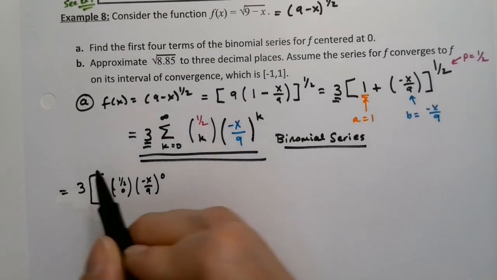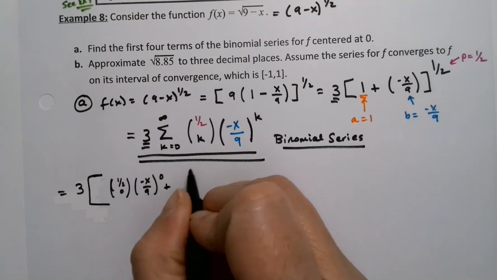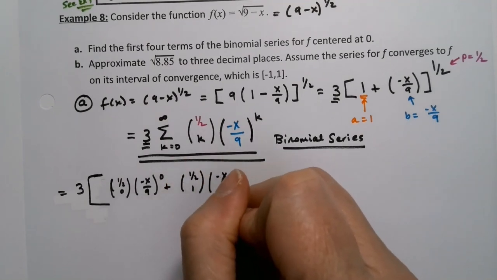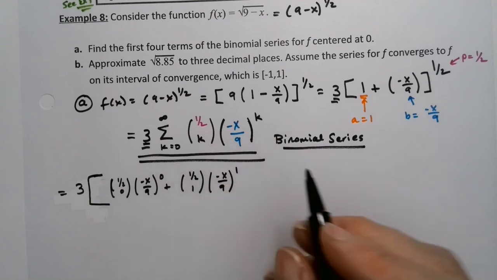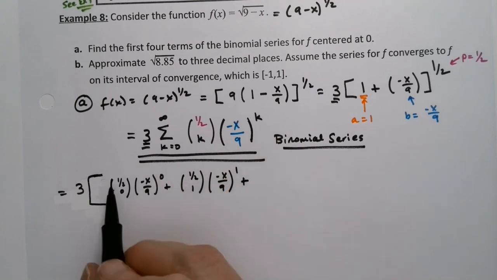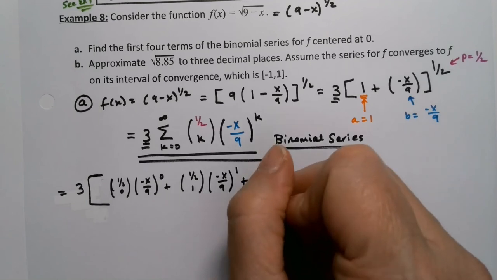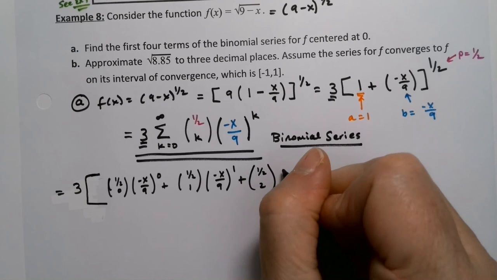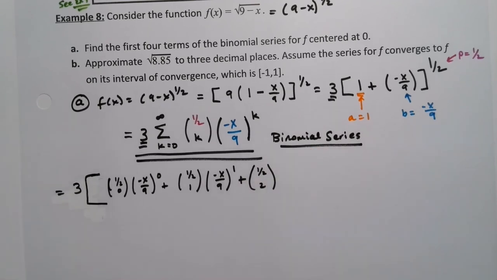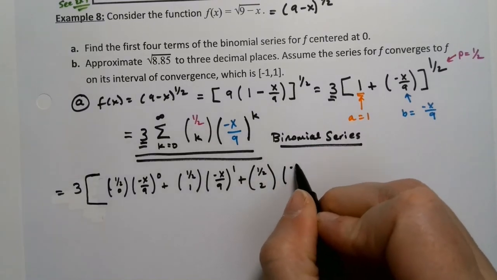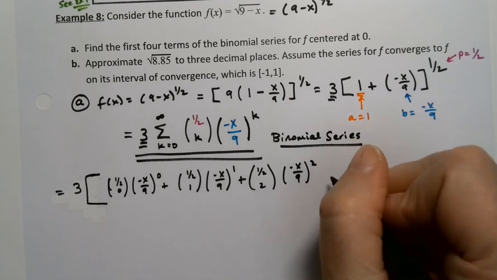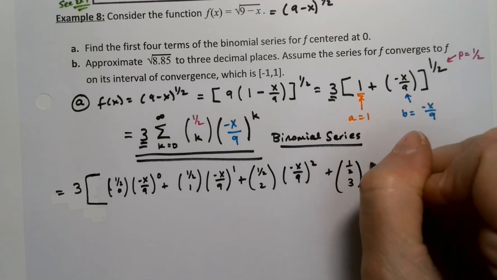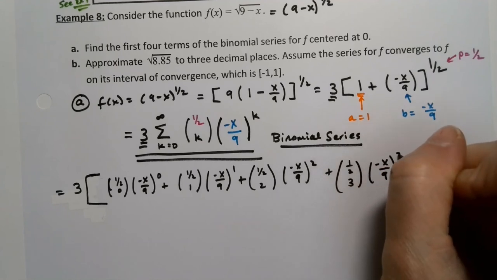All right, then I'm going to have 1/2 choose 1, and then negative x over 9 to the 1, plus, so that's 1, 2, I need 2 more. So 1/2 choose 2, and then negative x over 9 squared, and then 1/2 choose 3, and then negative x over 9 cubed.